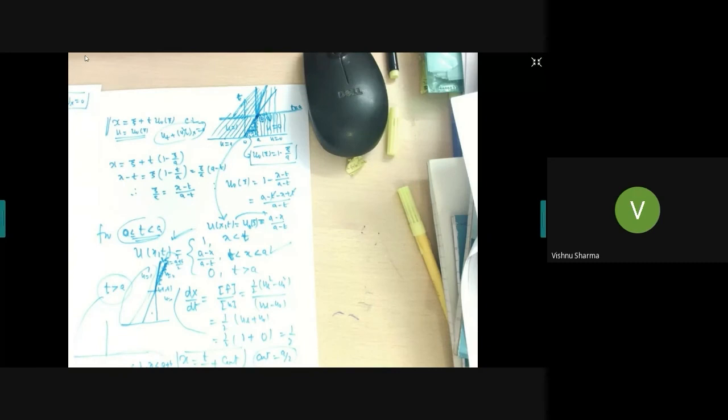A minus t whole square. This is minus of a minus x. No, there is a plus minus mistake somewhere. So where is the mistake? There must be a mistake in the solution part only, I think. Can you identify this mistake somewhere? Where is this mistake? A calculation mistake?